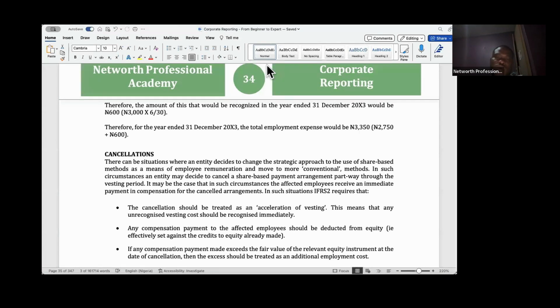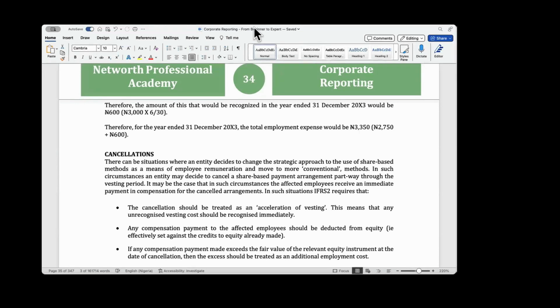Some people even call it option reserve. That is the one we are referring to here, not the ordinary share capital. Okay, clear. Thanks.